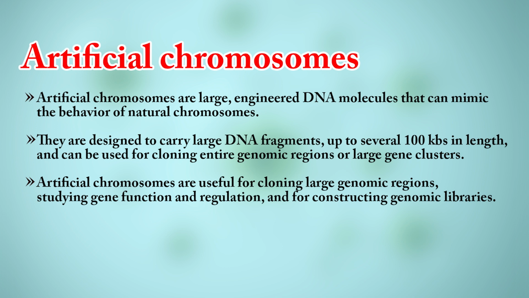Artificial chromosomes are very useful for cloning large genomic regions, so that the entire genome can be cloned and you can study gene functions and gene regulation, and you can preserve it, propagate it, and store it in the form of genomic libraries.